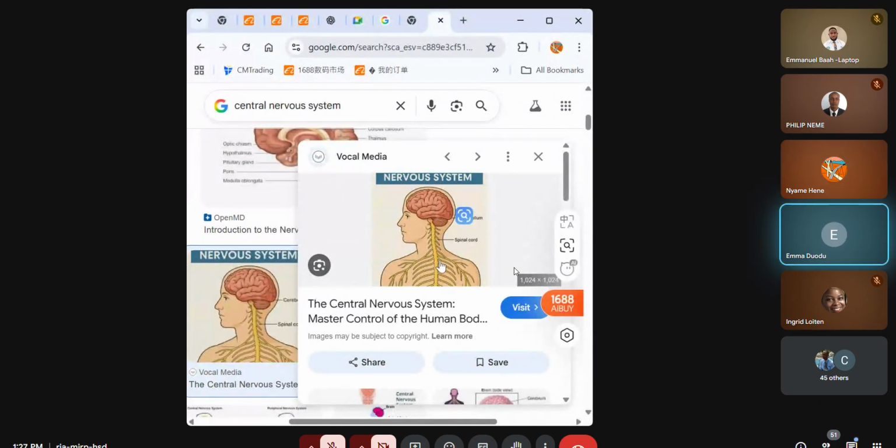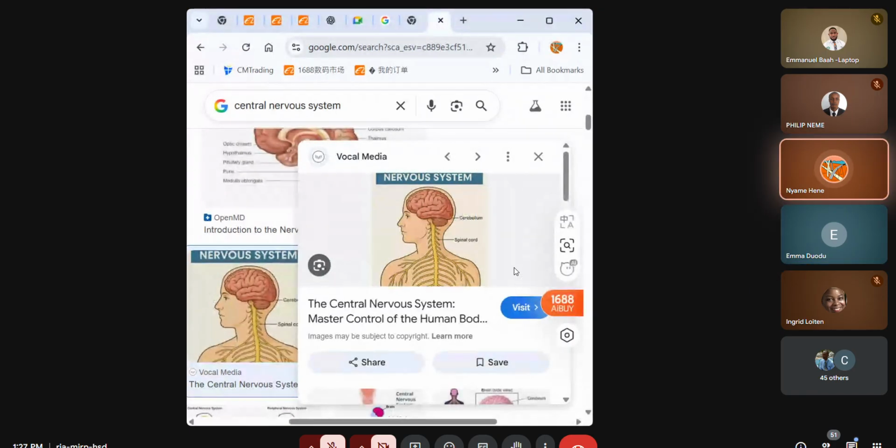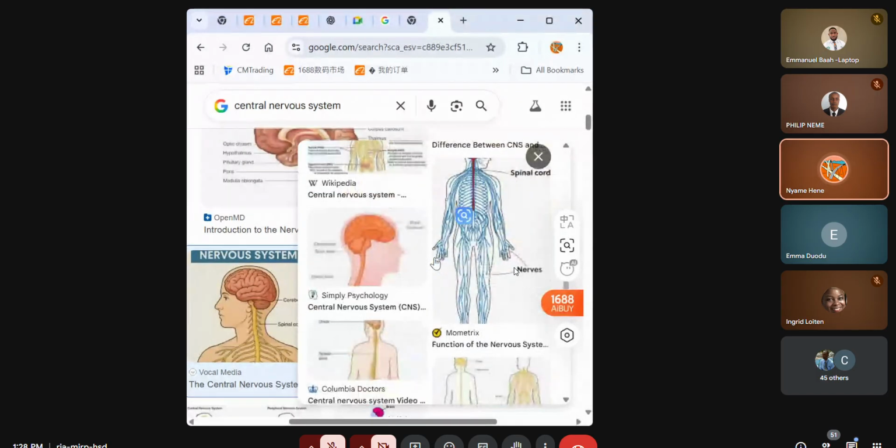You understand? So if you want to look for any problem, any electrolyte imbalance, any problem in the brain, you don't go and take a blood sample. You take cerebrospinal fluid from the spinal cord. And normally it's taken from the lumbar region.